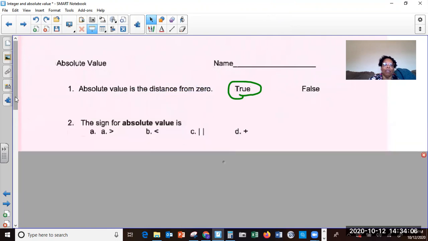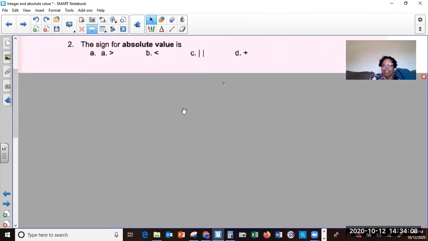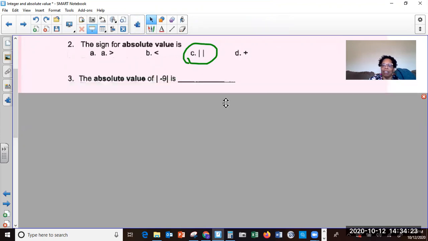The sign for absolute value is A, B, C, or D. D? No, it's C, those 2 lines. I think of them as 2 feet walking distance, and distance is never negative. What's the absolute value of negative 9? Yes, it's positive 9. This is a distance from negative 9 to 0.